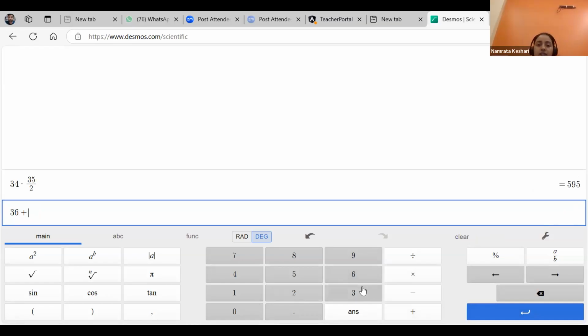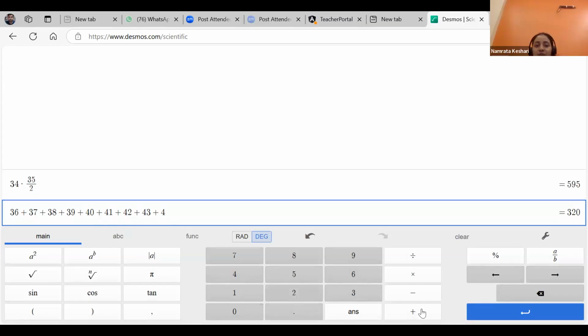I'll be writing 36 plus 37 plus 38 plus 39 plus 40 plus 41. Wait, 41. Till 49 we are having. That's why I am writing it. Otherwise, I would have told you that is the answer. 43 plus, you just keep on checking, am I writing the numbers in a sequence or no?